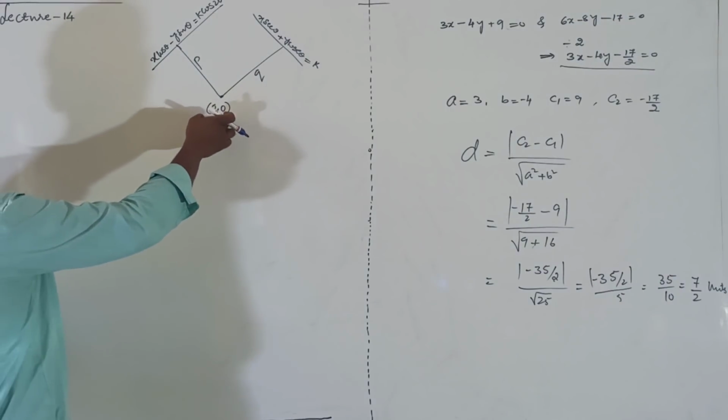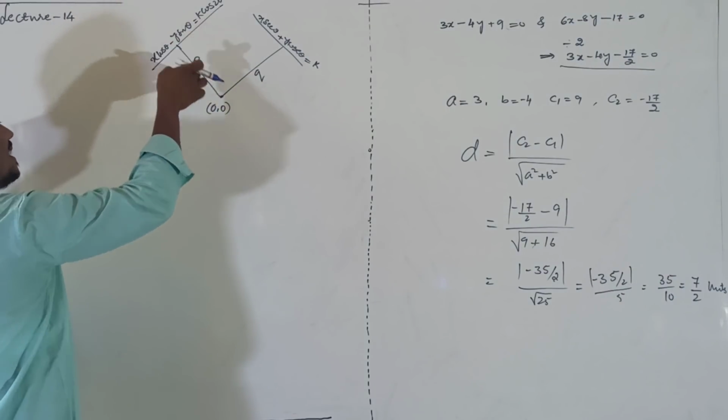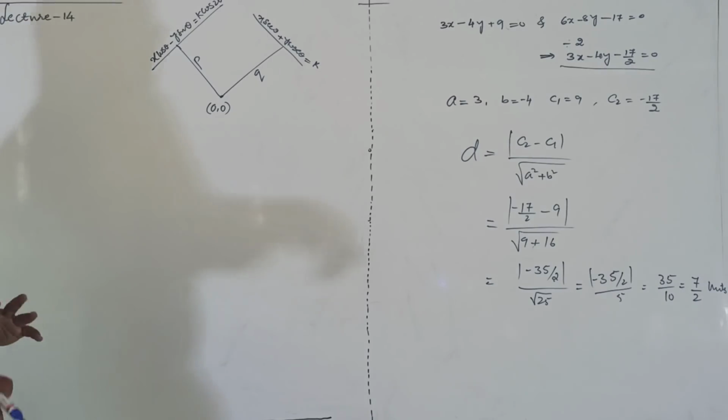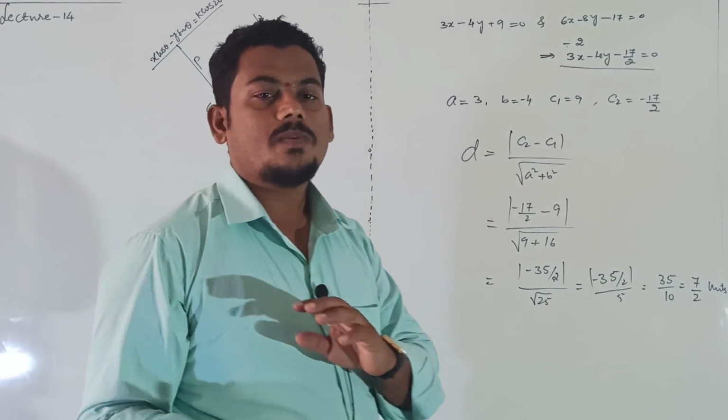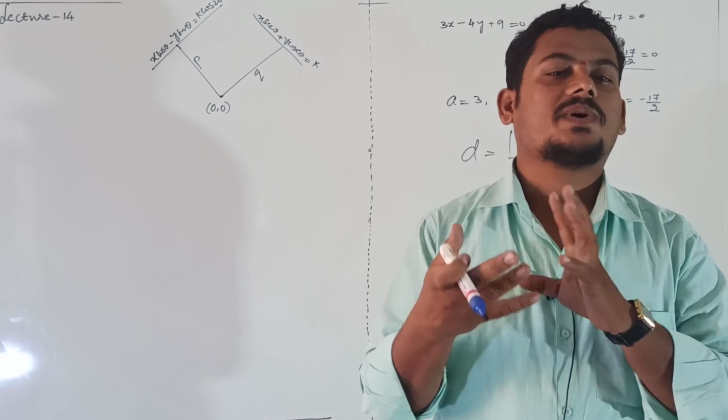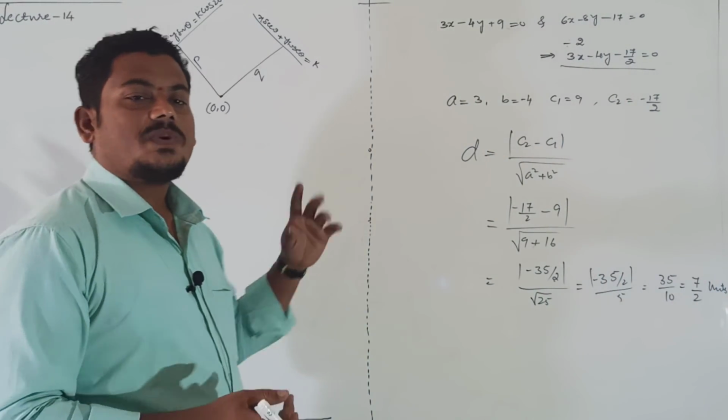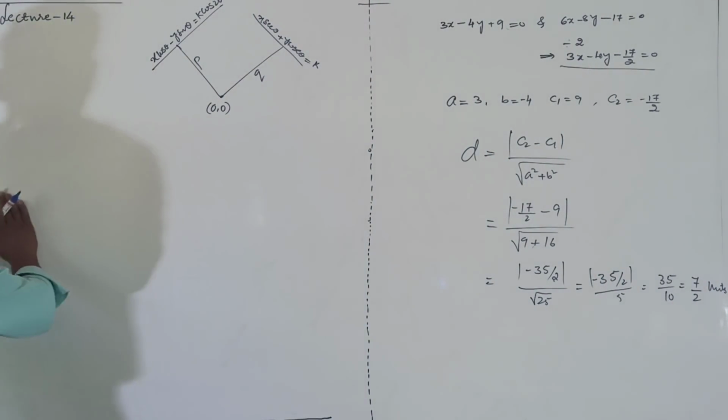Can you find the distance between this line and the origin? What is the p value? In this case p is nothing but d only. Just use the distance between point and line formula.